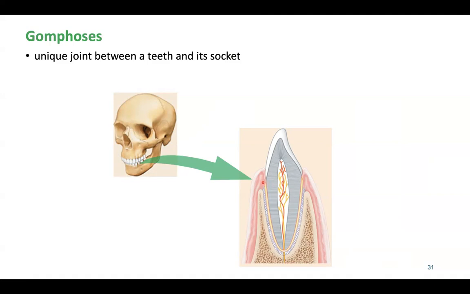It's like a peg and socket type of joint, and the two are attached by a periodontal ligament, a short fibrous tissue. So the three types of fibrous joints are sutures, syndesmosis, and gomphosis.